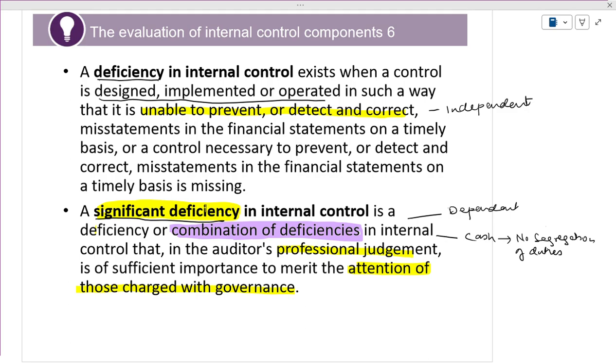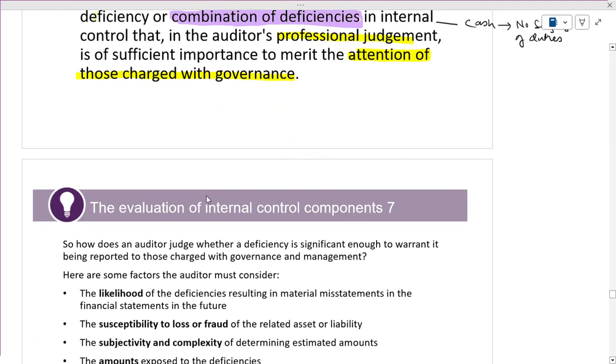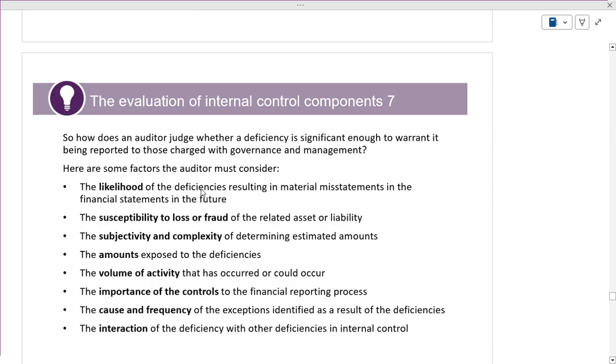It is unable to detect material misstatements on a timely basis. What is a significant deficiency? It is a deficiency or a combination of deficiencies. So how does the auditor judge whether it is a deficiency or a significant deficiency? How will the auditor come to a conclusion?